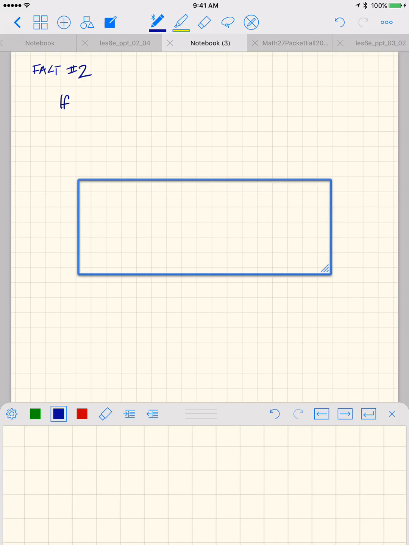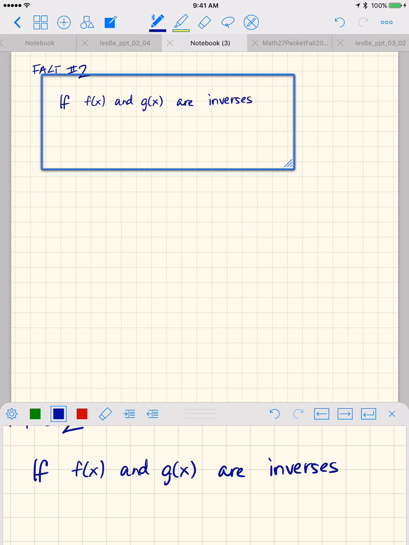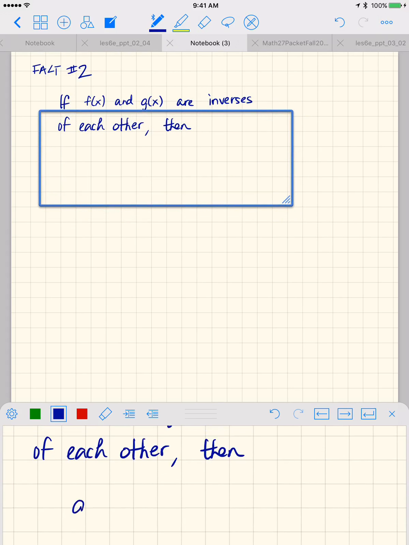And now let's go on to fact number 2. Fact number 2 states that if, so let me actually use my little box, if f of x and g of x are inverses of each other, then g prime of x is equal to 1 over f prime of g of x.